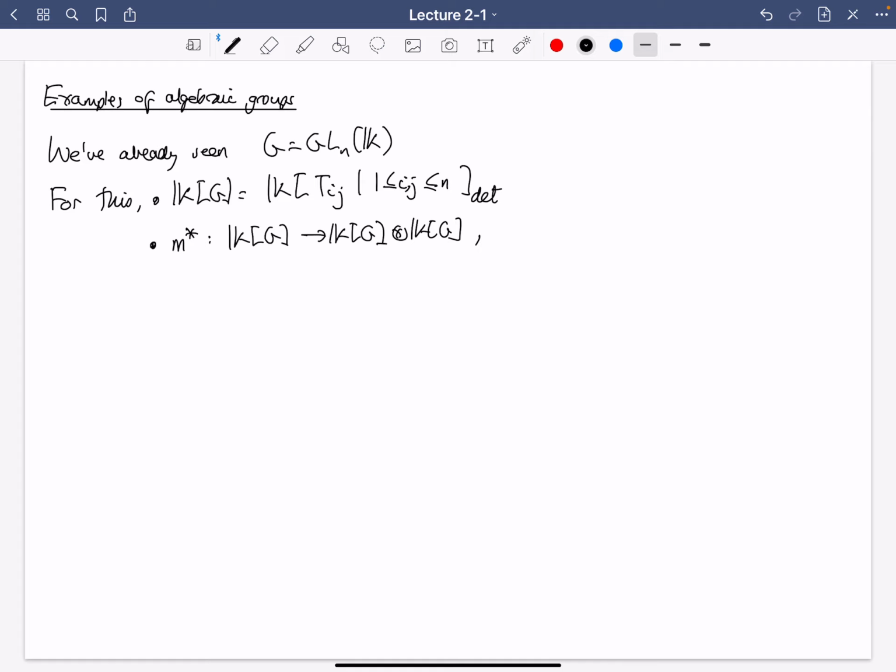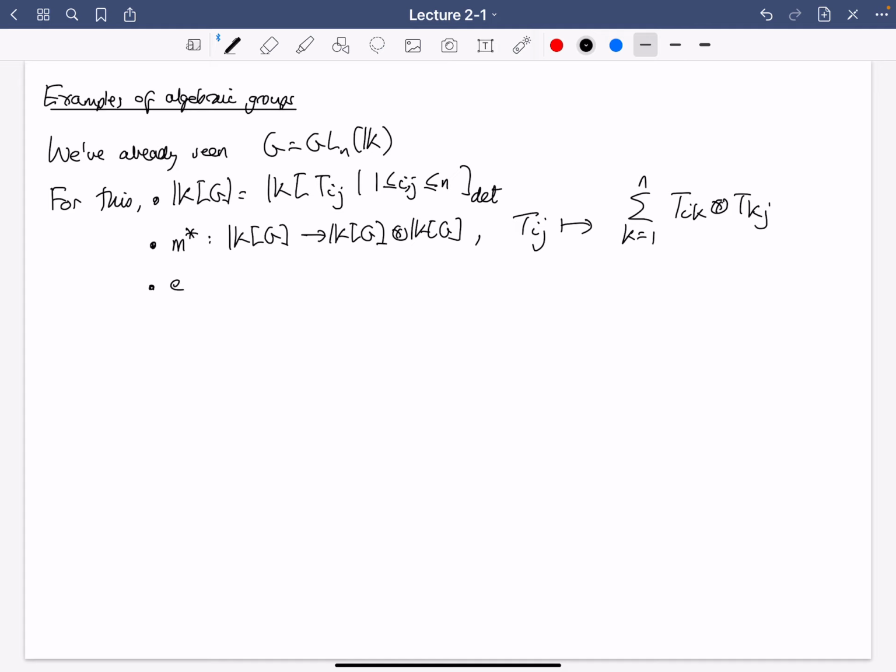It's actually uniquely determined by where it sends the tij's to these coefficient functions. And it's not very hard to see because this is just dual to the matrix multiplication formula that this co-multiplication m star sends tij to the sum of the tik tensor tkj's.